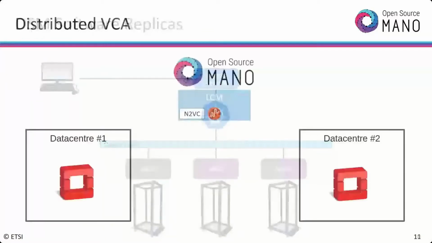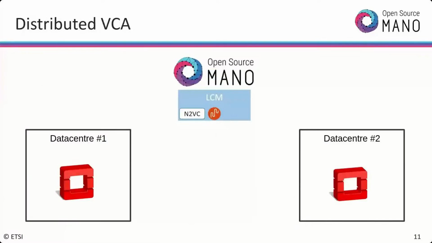Now for the VNF configuration and abstraction, which is effectively a software component inside of OSM called the VCA, and it is embodied by Juju, or a Juju controller that is part of OSM running software. So without the distributed VCA, all the charms are managed by this single Juju controller inside of here.